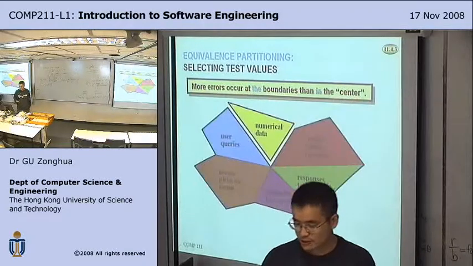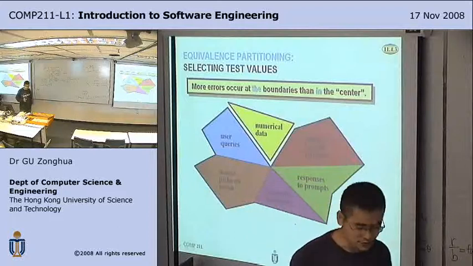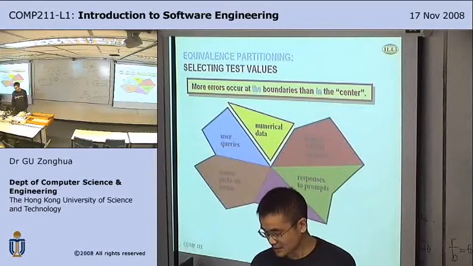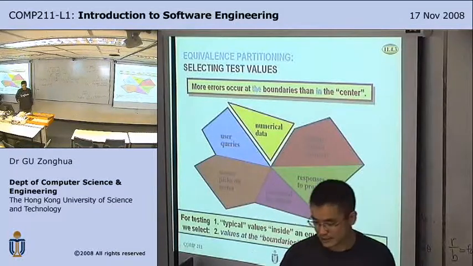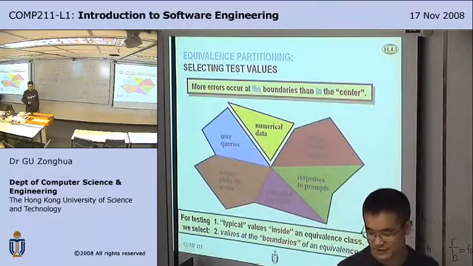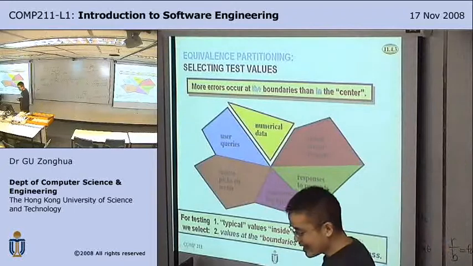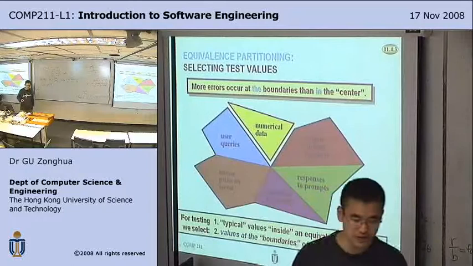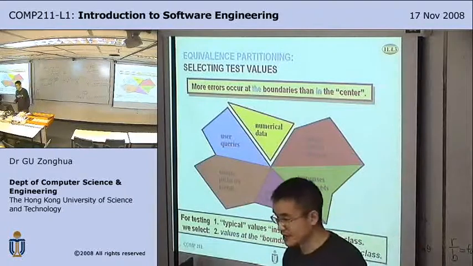More errors occur at the boundary than in the center. So first you pick typical values inside an equivalence class, and then you select values at the boundaries of an equivalence class, both within the valid range and in the invalid range.